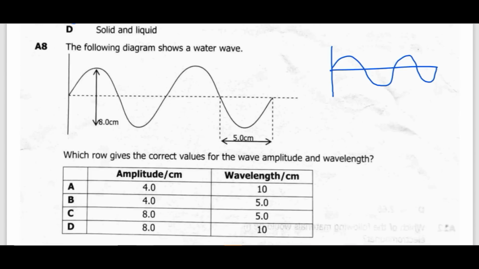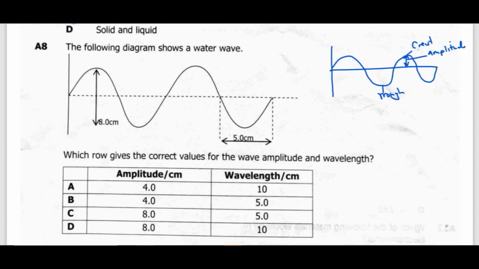This is the crest. And then we have this distance, which is the amplitude. And this is the trough.